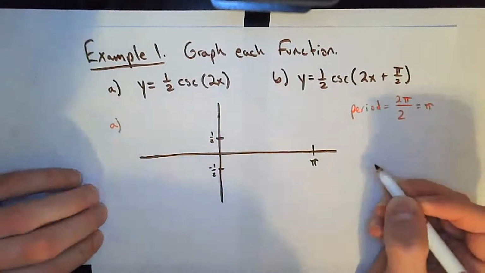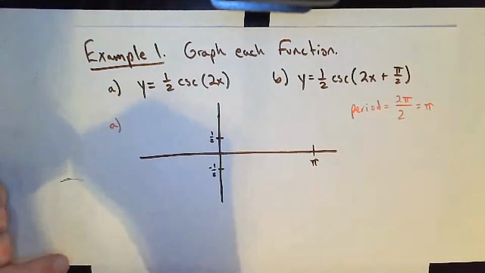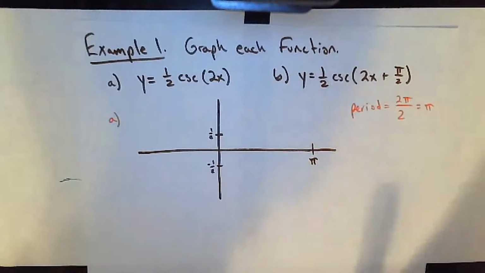Now, the next question is where are the asymptotes? That's going to be a huge question for these graphs that have asymptotes.